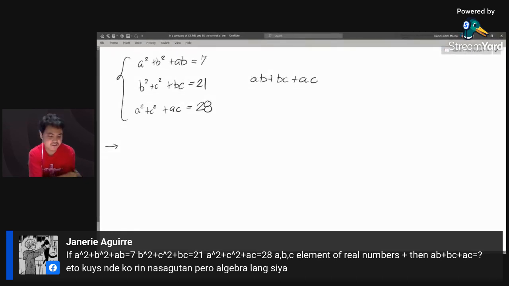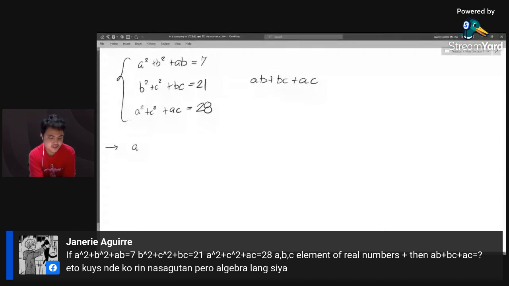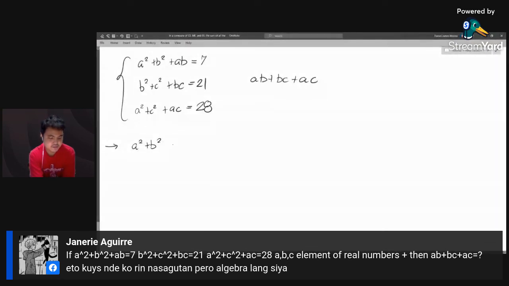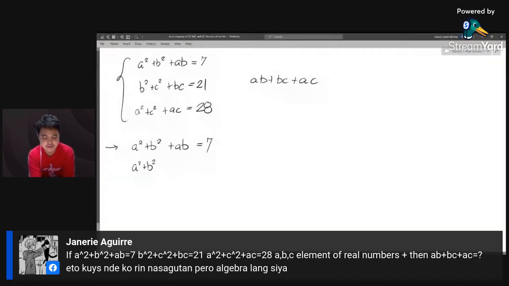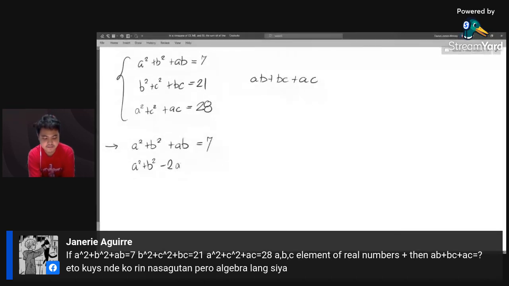Sige, check natin, no. Si a squared, b squared plus ab. Unahin lang natin yung first equation. May manonotice agad tayo diyan. Mukha siyang may something. So, pwede nating i-write dyan a squared plus b squared minus 2ab. So paano siya magiging plus ab?